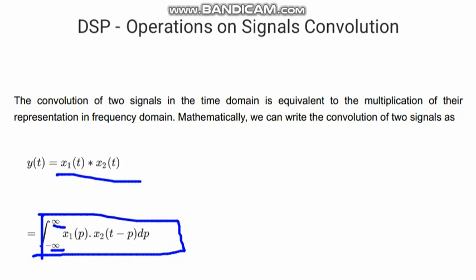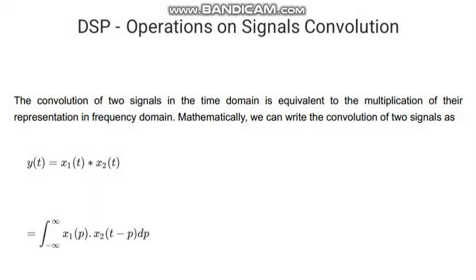There is another variable p that you are integrating over, the multiplication of the total sequence. So replace t with p here, and x2 with t minus p. That means the p shift, that is t minus p, that means a delay. Okay, it's a p shift, and that will be integrated with dp with respect to p.